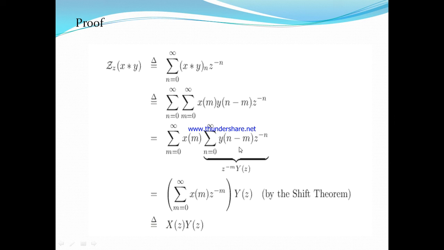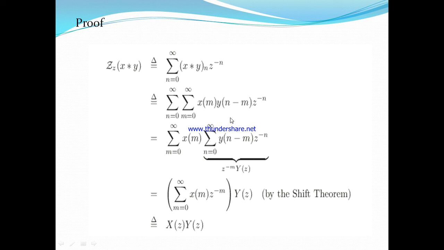This is the Z transform of the time shifted signal. Okay. So Z power minus m into Y of Z. So instead of this we can write Z power minus m into Y of Z, so sigma m equal to 0 to infinity, x of m into Z power minus m into Y of Z.